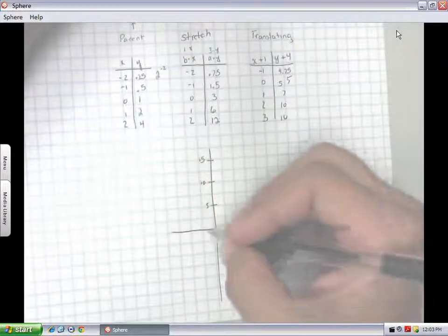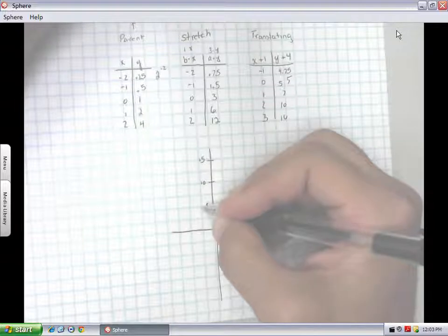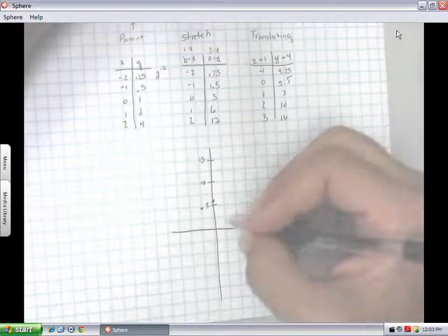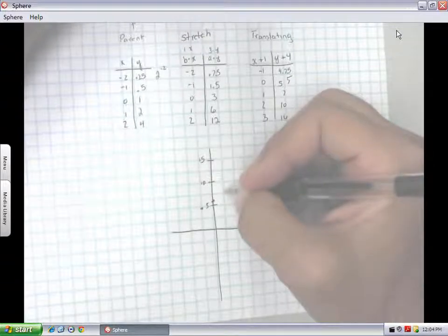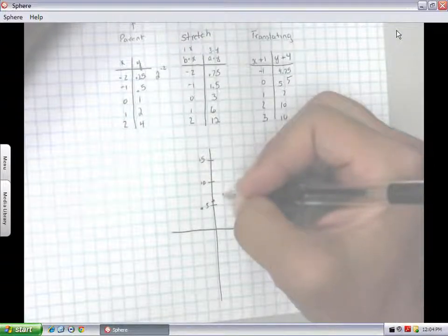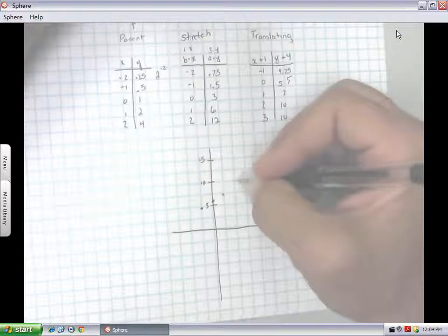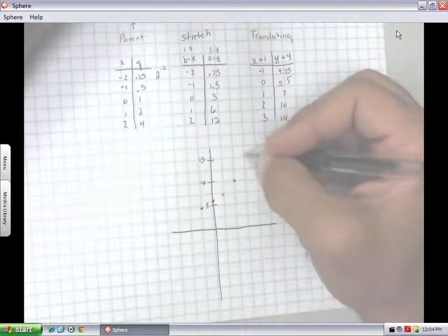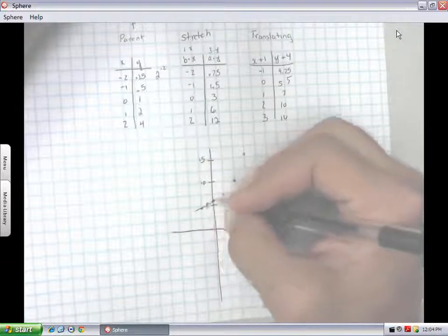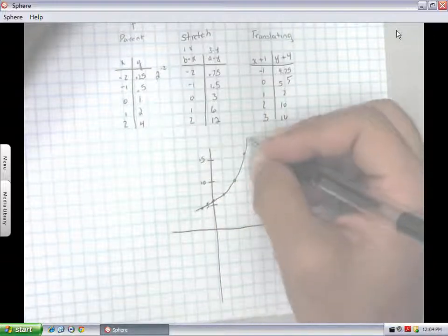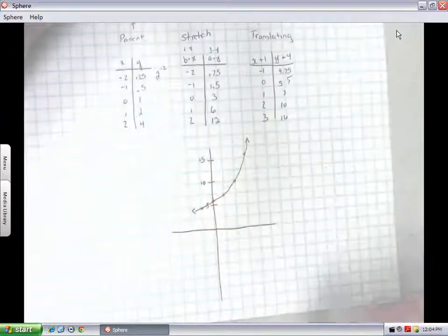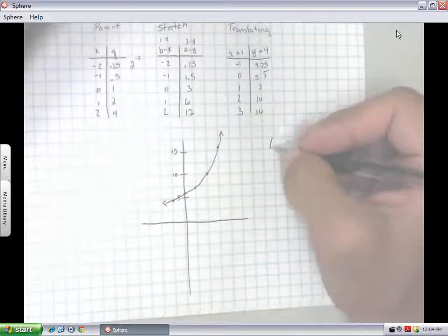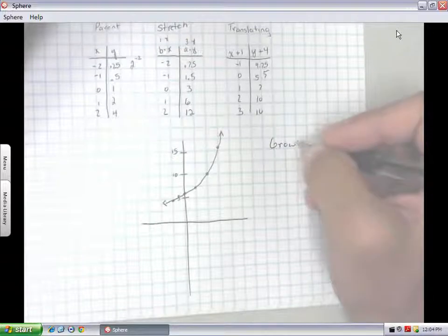So -1 over almost at 5, 0 over just above 5, 1 goes to 7, right there, 2 goes to 10, and 3 goes to 16. I'll go ahead and draw that exponential graph. Okay. And now, in answering all of my questions, this is growth because from left to right, it's growing.